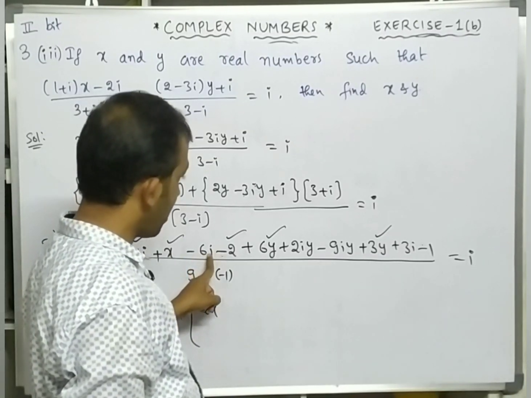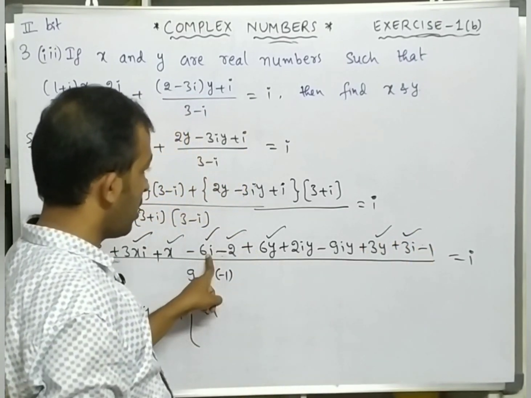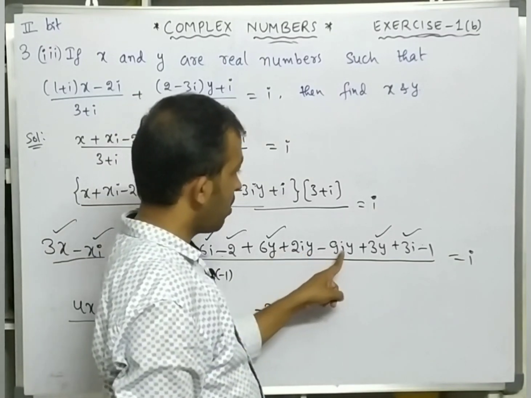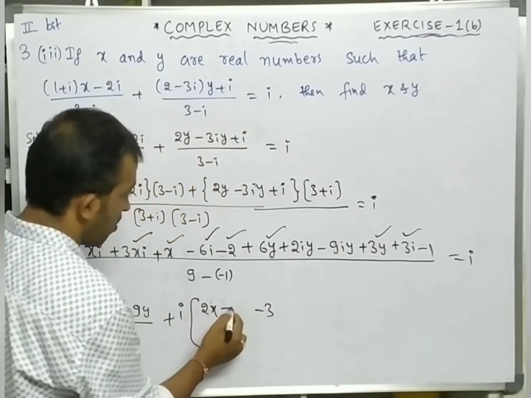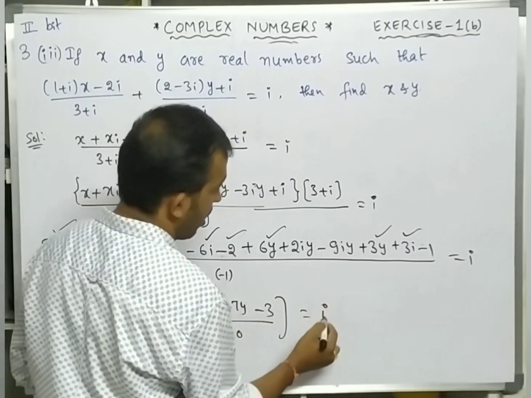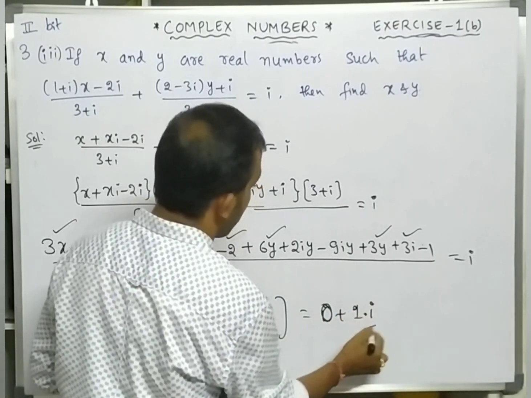Next, minus 6i plus 3i, minus 3i, i is common, that is minus 3; 2iy minus 9iy, minus 7iy, i common, minus 7y, by 10, is equal to i, which means 0 plus 1 into i.